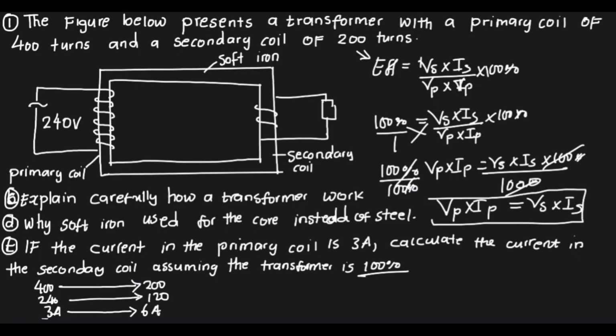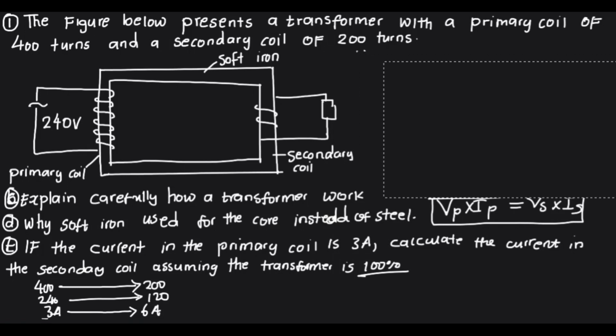Now what happens if you have a transformer that is not 100% efficient? For that transformer, you need to use the efficiency formula. So you just say efficiency is equal to power output, which is voltage on the secondary times current on the secondary, over voltage on the primary times the current on the primary, multiplied by 100%.